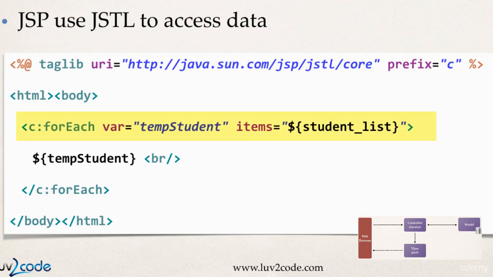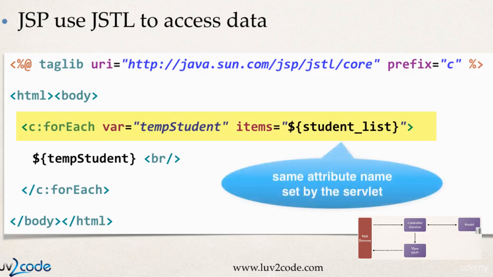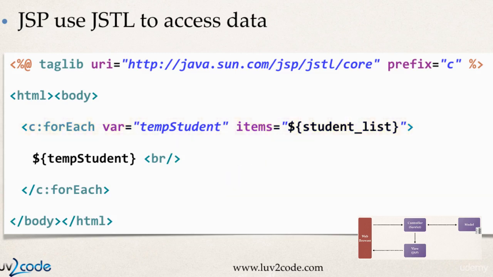So here I have forEach, var equals tempStudent, items equals ${student_list}. This student_list is the actual attribute name that was set by the servlet. All right, so the exact same name with the exact same case. That's the data that was set by the servlet, and we can reference that. And we can simply print out tempStudent, and that'll give us the output here for this system.